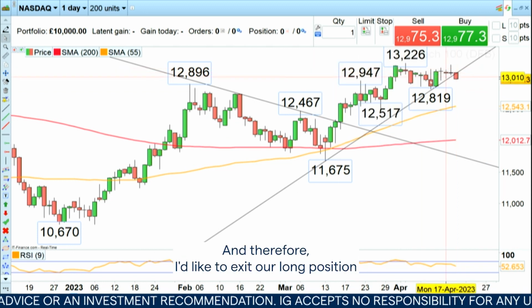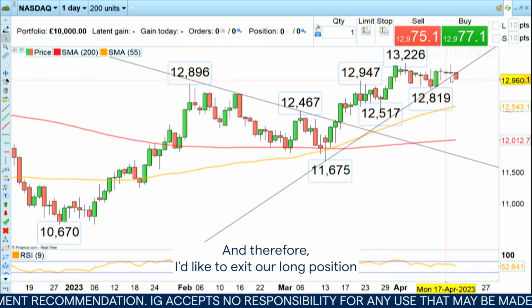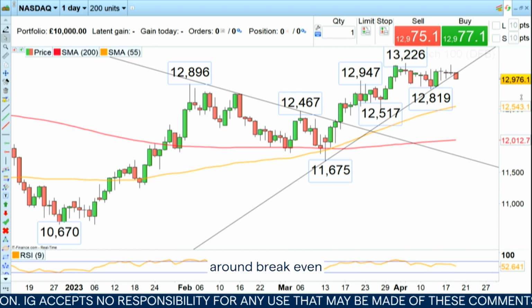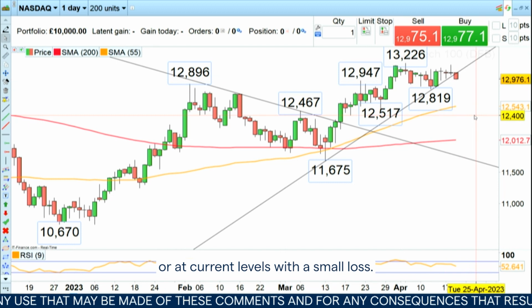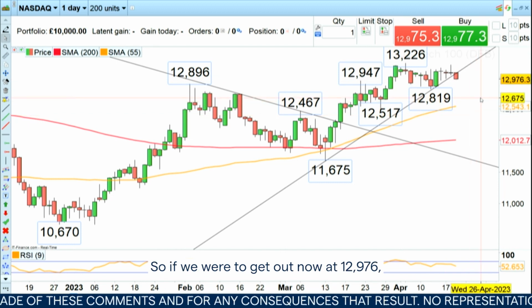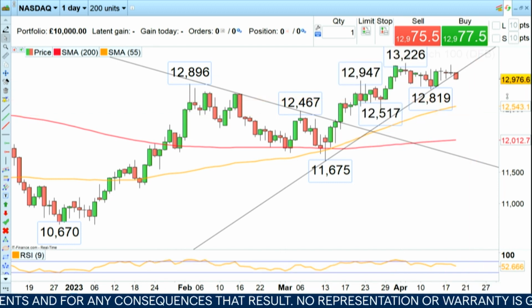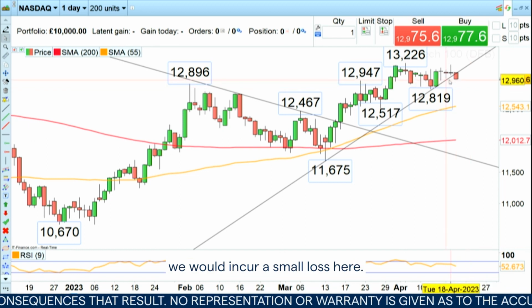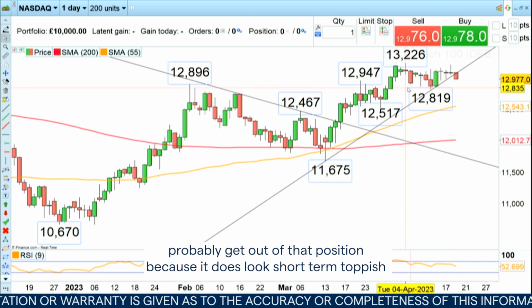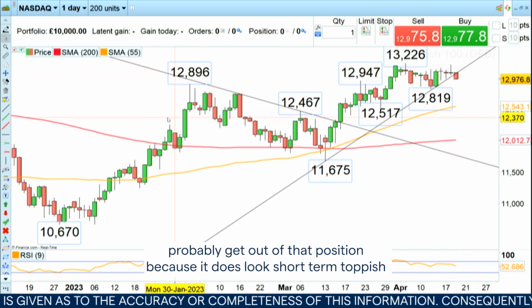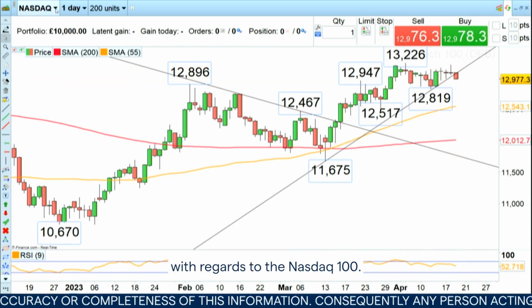And therefore, I'd like to exit our long position around break even or at current levels with a small loss. So if we were to get out now at 12,976, we would incur a small loss here. So I would probably get out of that position because it does look short-term toppish with regards to the Nasdaq 100.